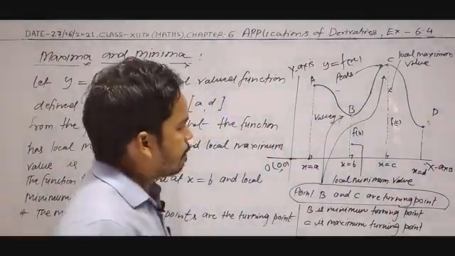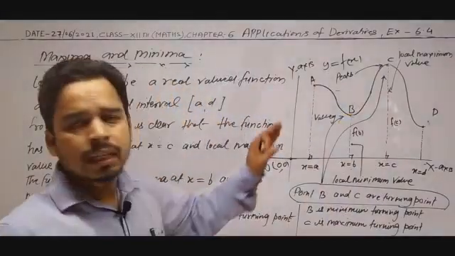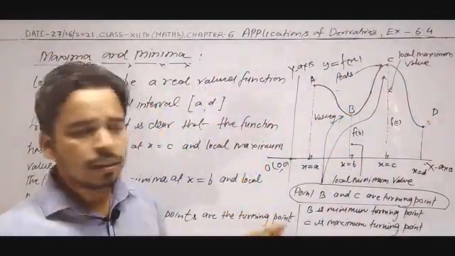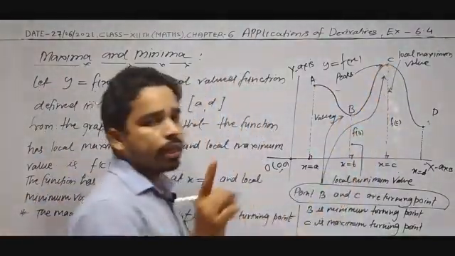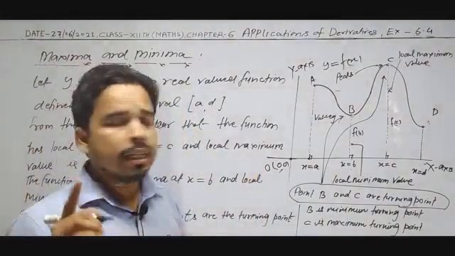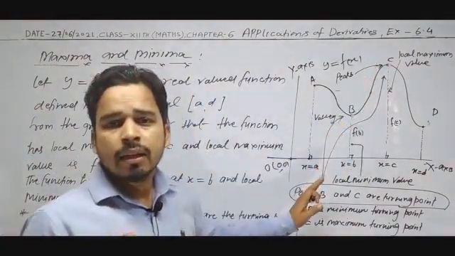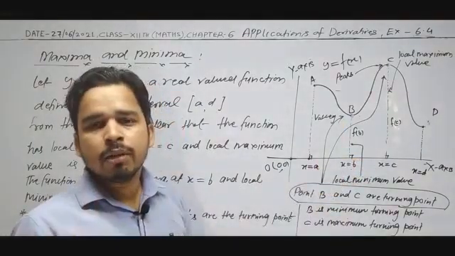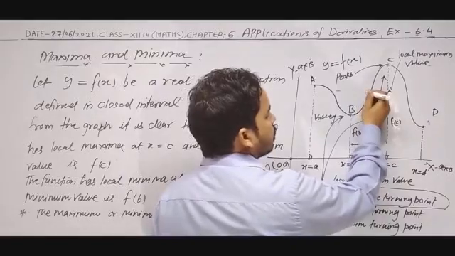Similarly, from B to C, when you draw the tangent at any point, you will see the tangents make an acute angle with the positive direction of the x-axis. In that case tan value in the first quadrant is positive, so the slope will be positive.